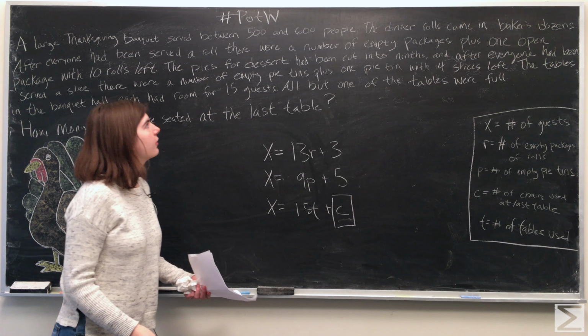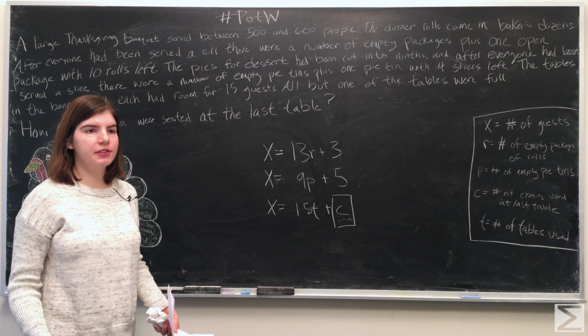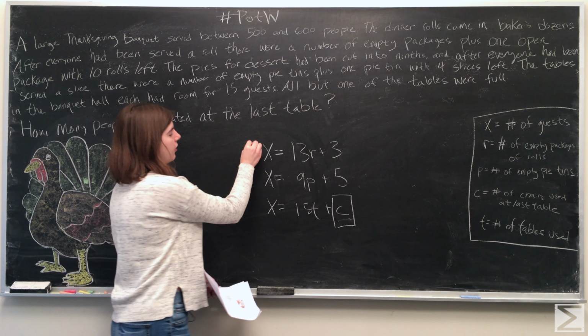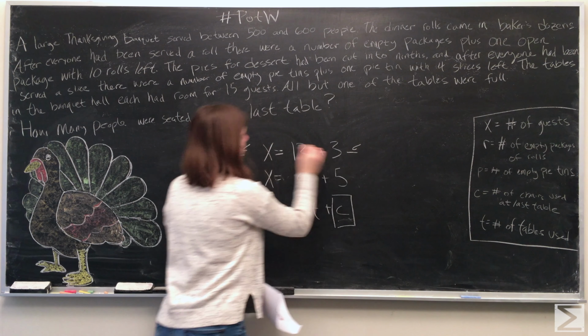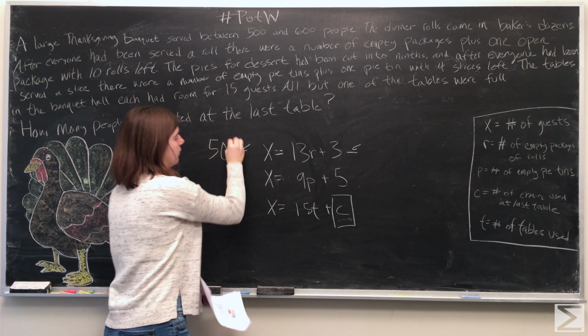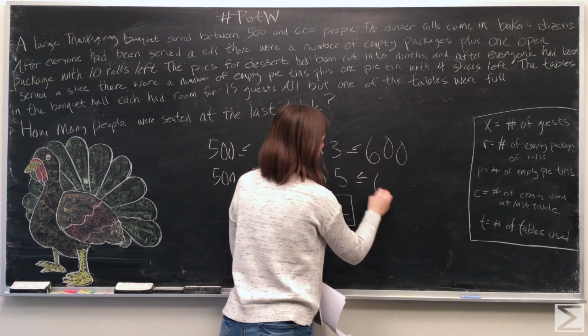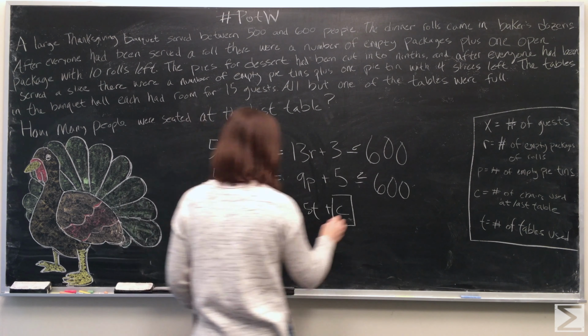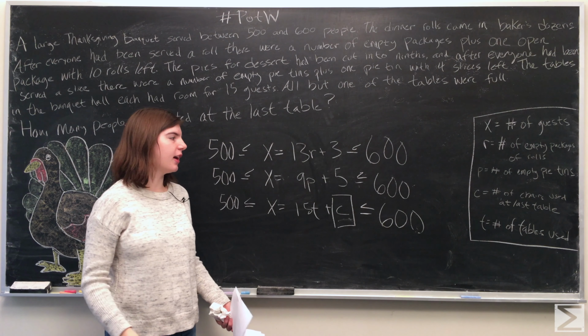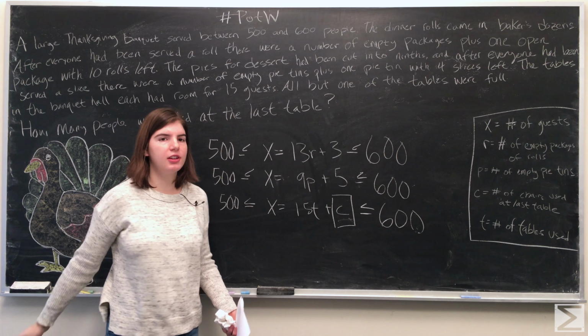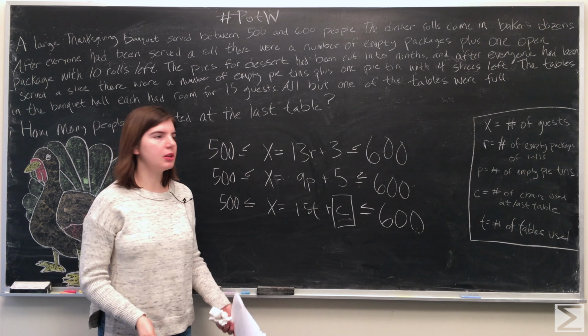We also know that there were between 500 and 600 guests, so we can write these as inequalities. 13r plus 3 has to be between 500 and 600, and 9p plus 5 is also between 500 and 600, and we'll just solve for r and p.